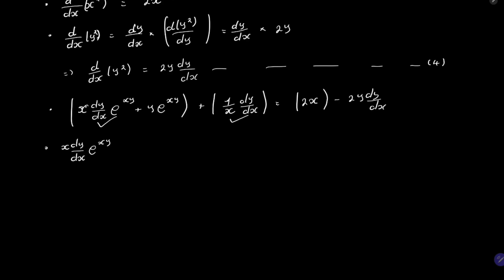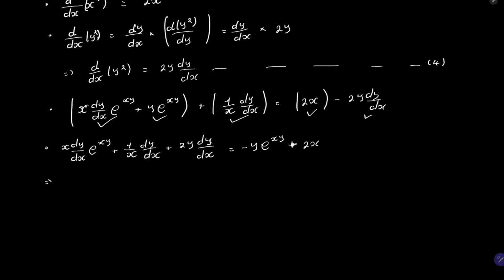What's our next term? Plus 1 on x dy on the x. Our third term, moving it to the other side, the negative becomes a positive sign, leaving us with 2y dy on the x, equal to, we have our first term here, which is not in terms of y, we move it to the other side, negative y e to the xy, equal to our last term, which is already on the other side, plus 2x.